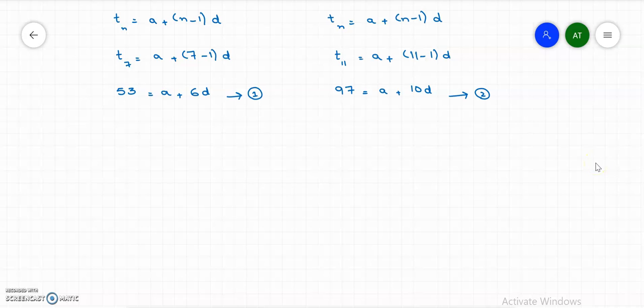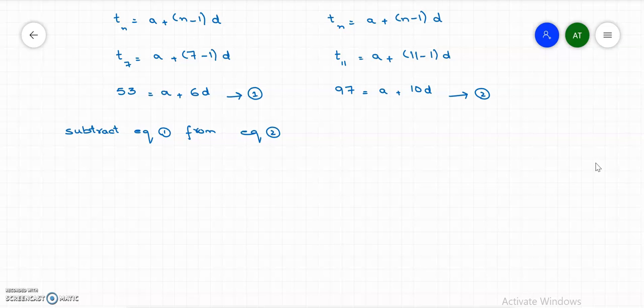Okay, if I use the method of elimination, I can subtract equation 1 from equation 2, right? The equation 1 is 53.